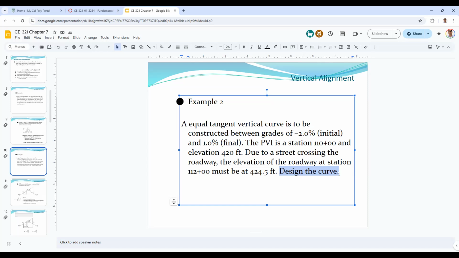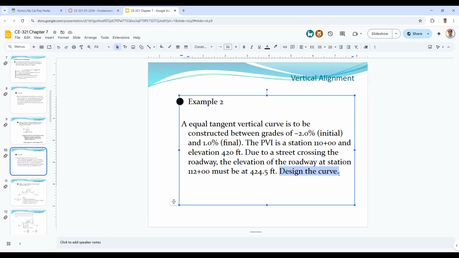In the tests, I will be very explicit about what I'm looking for. I will not just leave it at design the curve. But typically when you say design the curve, you're looking for the length of the curve and the elevation and stationing of key points. But first thing I need to find is the length of the curve here.